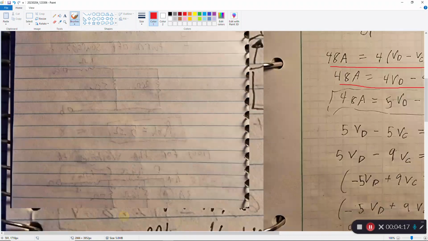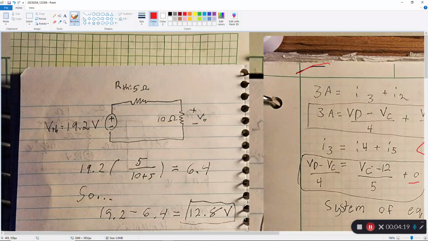And so now that I have my Thevenin voltage, hopefully I marked it as that, well, maybe not quite yet, but I popped my Thevenin voltage in with my Thevenin resistance, did a voltage division, or not voltage division, did the ohms thing that I can't remember the name of right now.